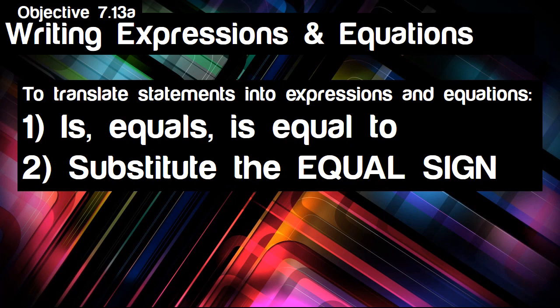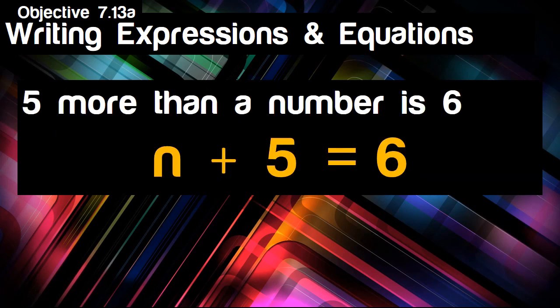So again, to translate statements into expressions and equations, words like is and is equal to are all keywords for the equal sign. So if we have 5 more than a number is 6, we have a couple keywords here. We have more than. So we have 5, and then that number is going to switch places.